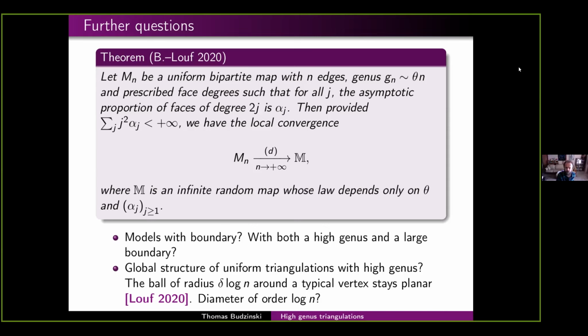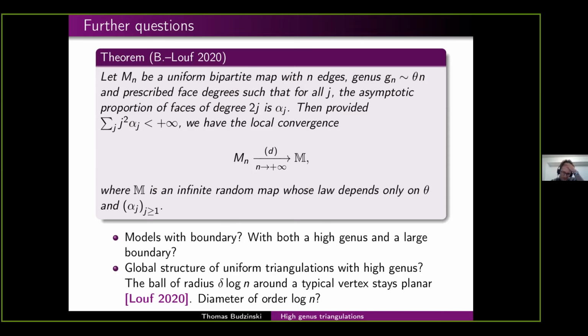So Gulnara asks, what about non-orientable surfaces? I don't know. There have not been a lot of works on non-orientable maps. Actually, I'm not that sure that it would change much.